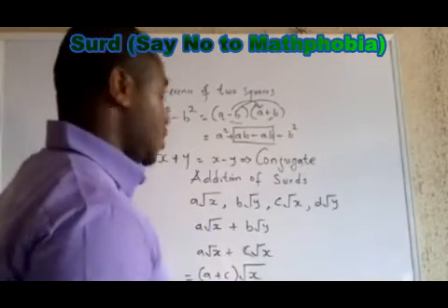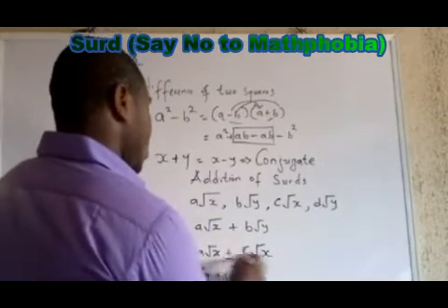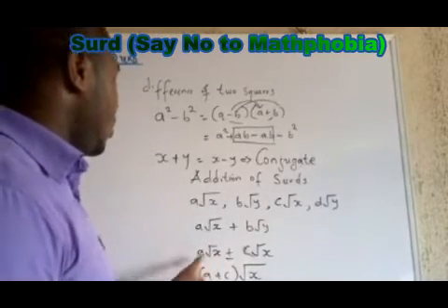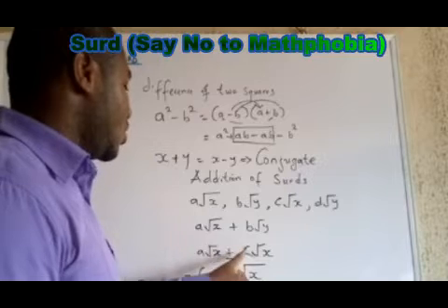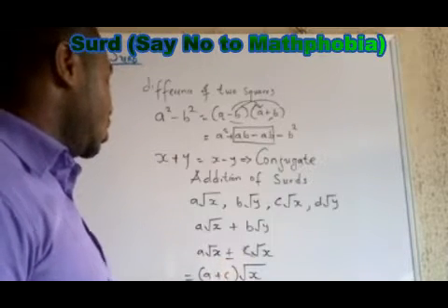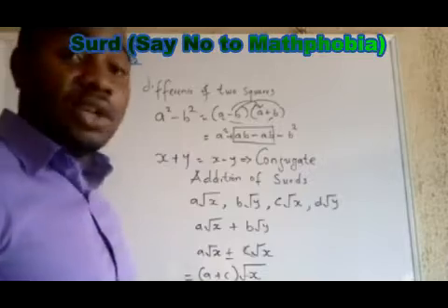Now, for simplicity, we can say plus or minus. So a root x plus or minus c root x is actually equal to a plus or minus c, root x.